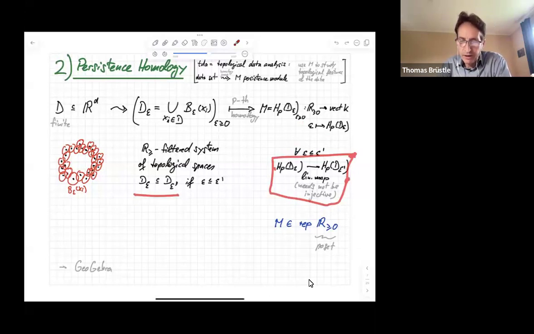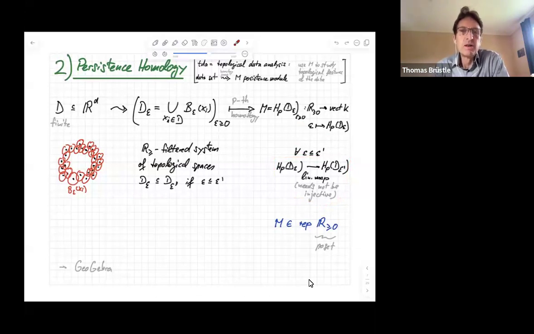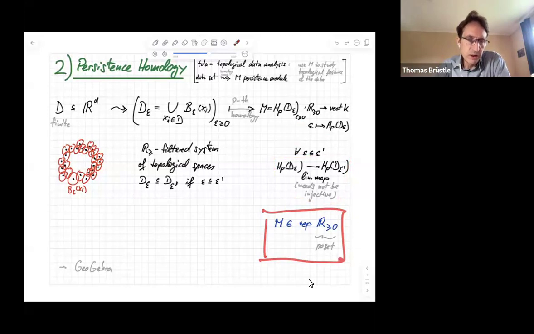So we just get such a system of vector spaces together with linear maps between them whenever epsilon is smaller or equal to epsilon prime. So we really have something that, in the notion we discussed before, is a representation of the real numbers when we view it as a partially ordered set, as a poset. So in that sense, this functorial point of view comes very natural.